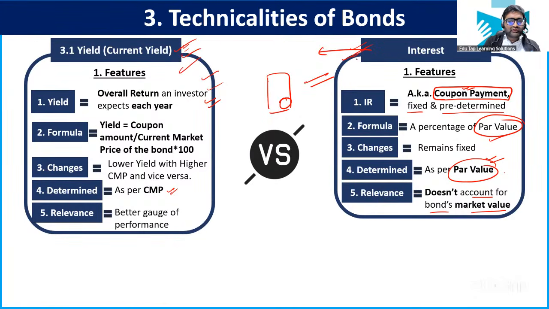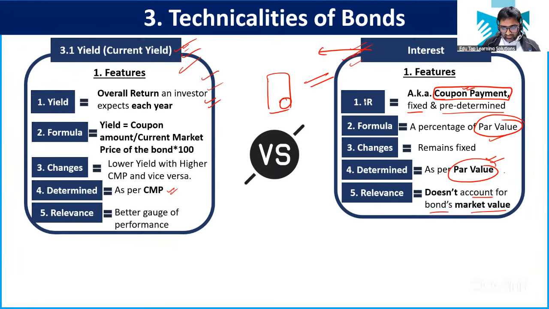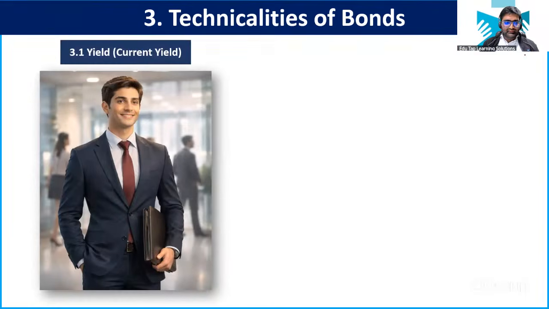Now this is for current yield and interest that we are talking about. It is like if we talk about this person Neil, right? This current yield actually has a whole lot of linkage with the market, while the interest does not have much linkage with the market. It is like Neil who is going for an interview, very dynamically investing, a person like that.